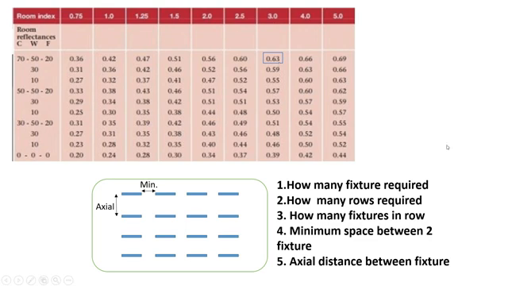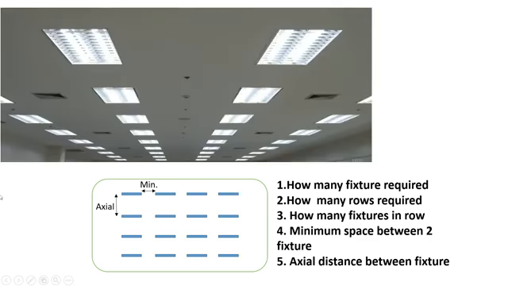Now we find how many lamps or fixtures we require, but we don't know where to connect them. Suppose our selected room requires 50 lamps. I cannot connect each lamp right next to another, so I have to keep some distance between the lamps.